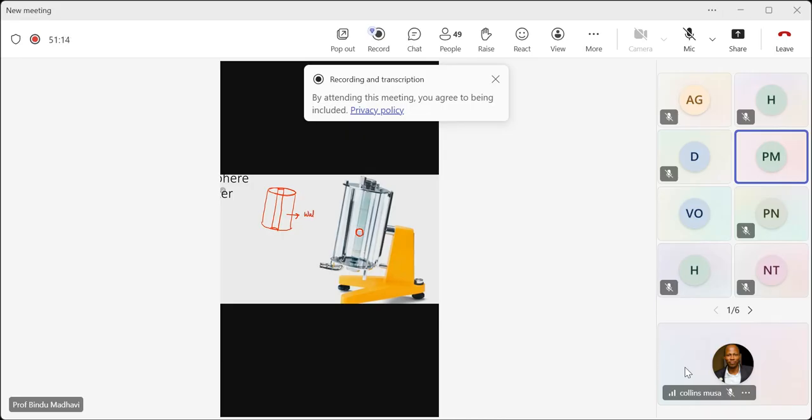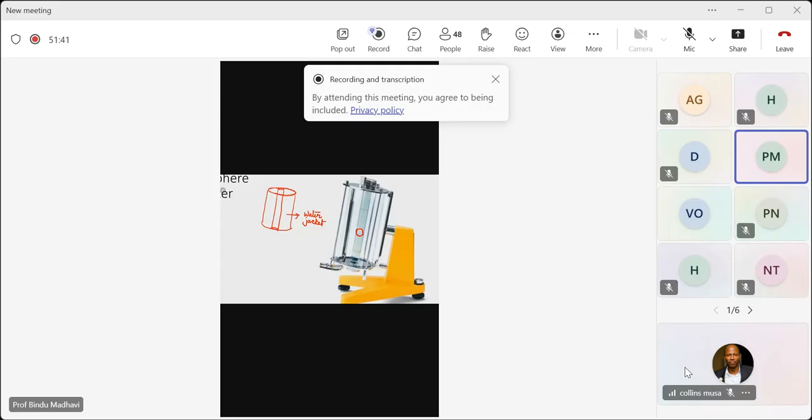The outer jar is the water jacket. We had a disadvantage in the previous viscometer. It is prone to changes in the values with the change in the surrounding temperature.